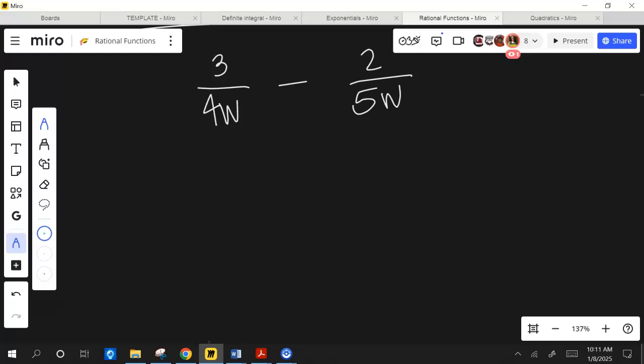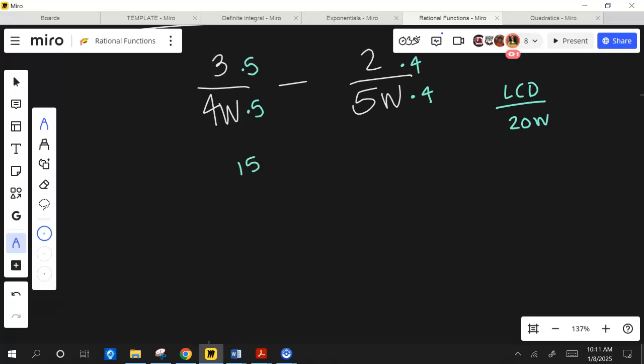Well, since they both have a W, I'm going to ignore them right now because they already have them. So I'm going to look at it as 4 and 5 is what I'm going to essentially do. I'm going to say that my least common denominator for these two is going to be 20W. Would you all agree with that? So I'm going to give this first one a 5, and I'm going to give this second one a 4, right?